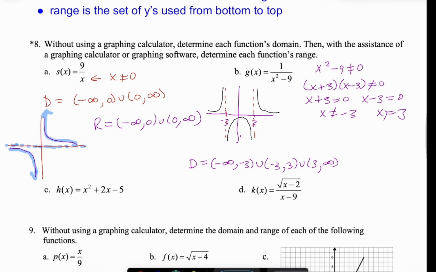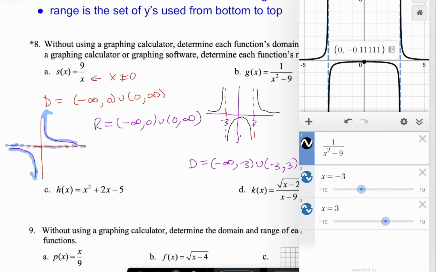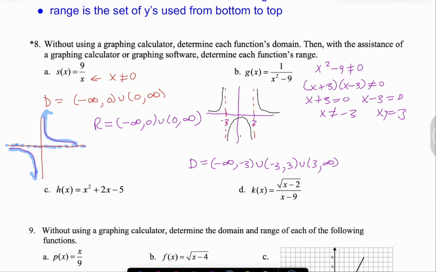So I'm going to get my Desmos out again, and I'm going to click that value. That is negative 1/10. So I'm thinking that my range goes from negative infinity up to negative 1/10. It hits that spot, okay? And so let's include that in a bracket, okay?